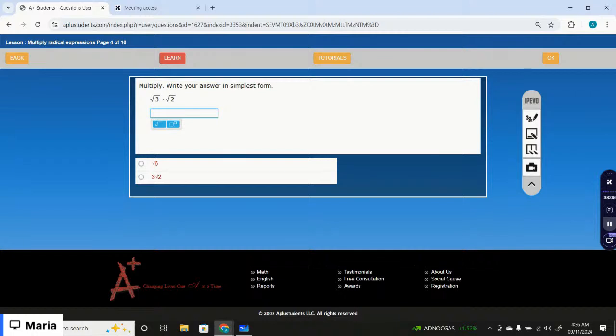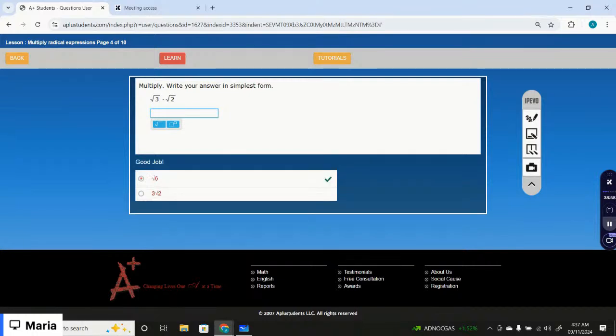Square root 3 times square root 2, which is the correct option? Square root 6 it is. Option number 1 is the correct option.